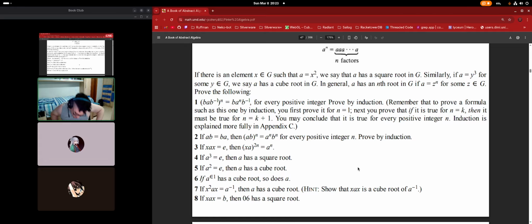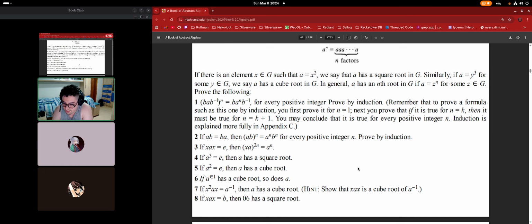Wait, repeat that, Theo. Instead of writing a cubed equals e, you write a squared times a equals e, and then you multiply both sides by the inverse of a, and then you get a squared equals the inverse of a. Oh yeah, that's doing the opposite. That's the symmetric move of what you just did.